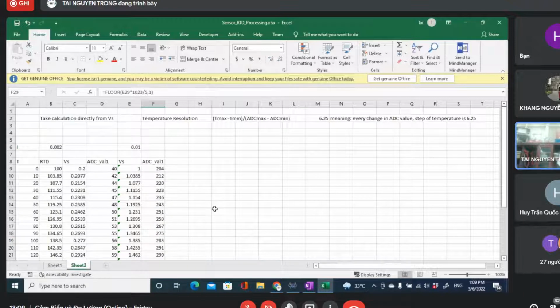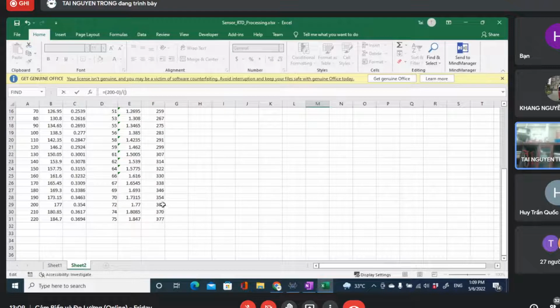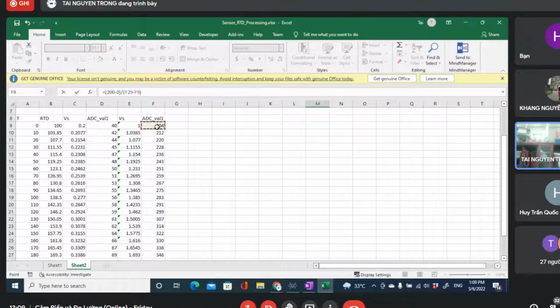And then when we take this one, the sensitivity for 10 milliampere will be this one minus this one.